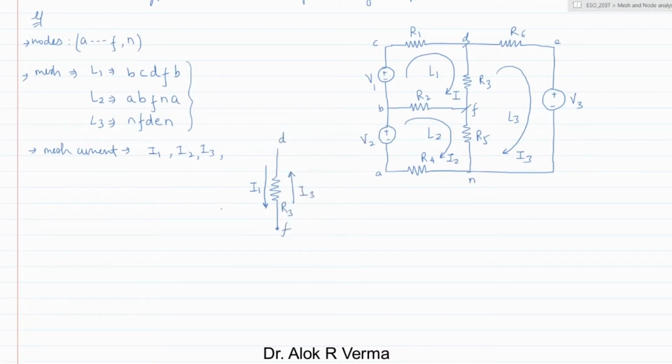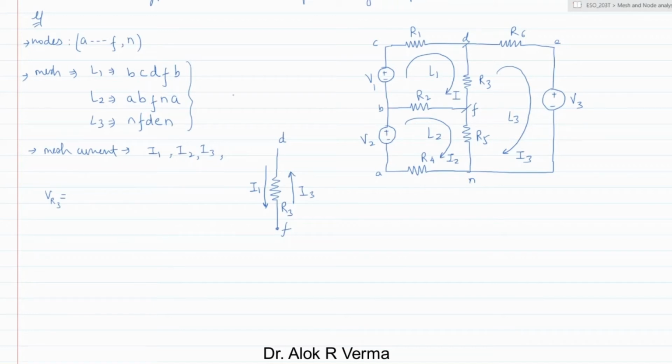If I apply Ohm's law, how will you write the voltage drop across R3? First we have to make sure in which direction the current is flowing. In the direction of current flow, the voltage drop is taken as negative throughout in this course.